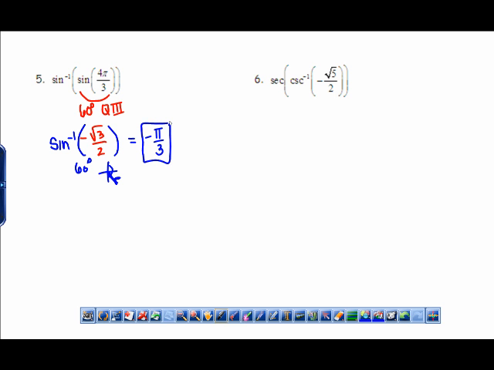Now, something interesting to note here. Don't want to skip over this. Arc sine and sine didn't undo each other. Meaning, when you take arc sine of something, you didn't end up with that exact thing. You did end up with an angle, but it actually put it in a different quadrant, and that's okay. There's a little note at the bottom of your notes.